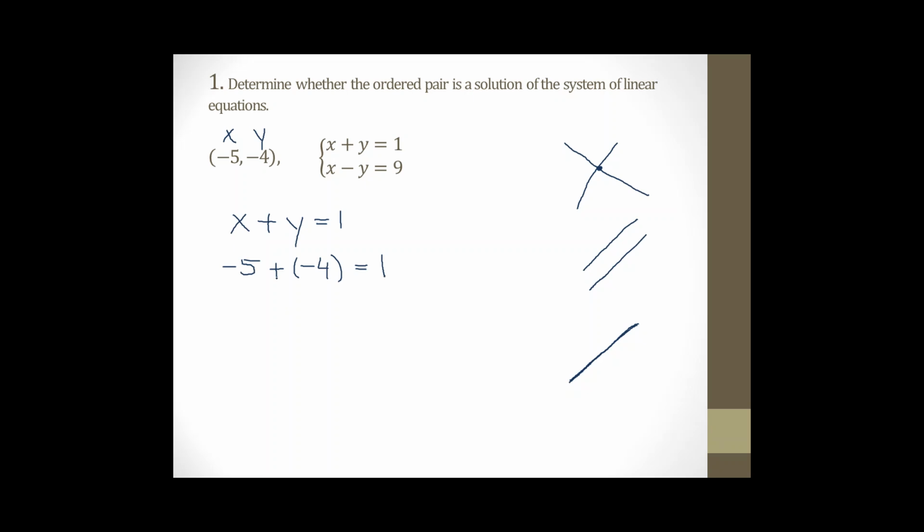I can either combine these 2 signs or I know what this will give me. A positive times a negative is a negative, so -5 minus 4 is -9, which is not equal to 1.